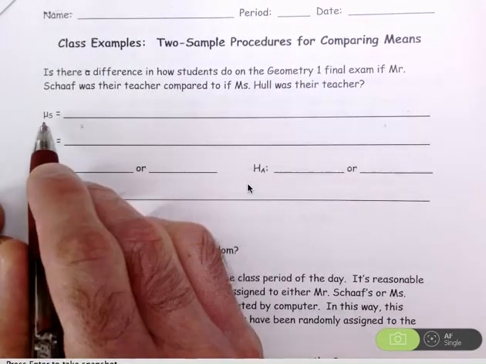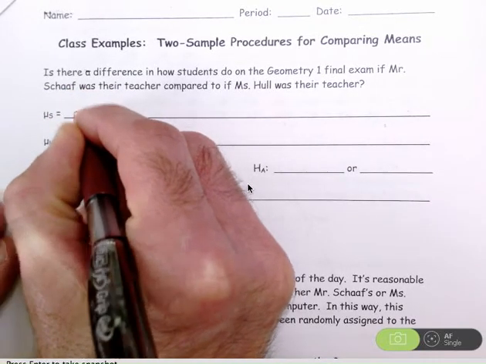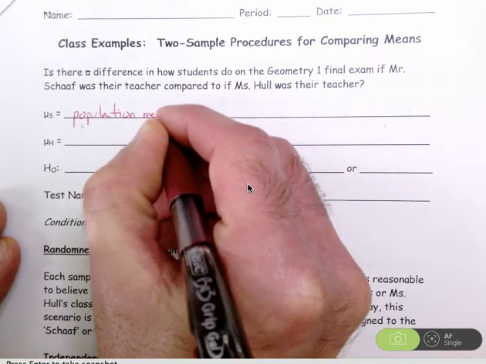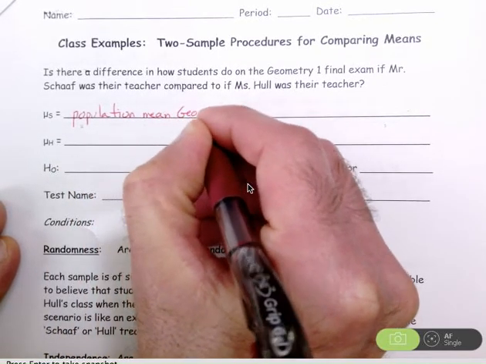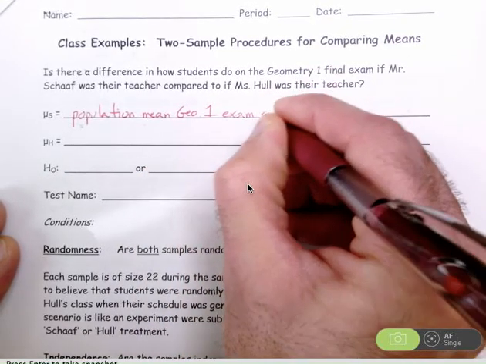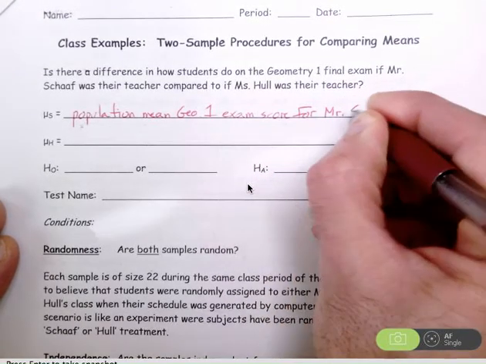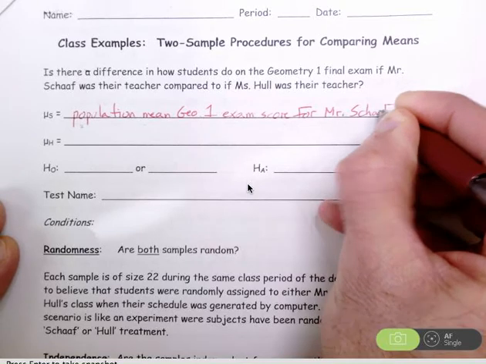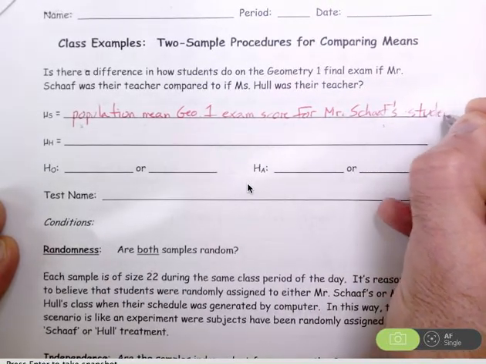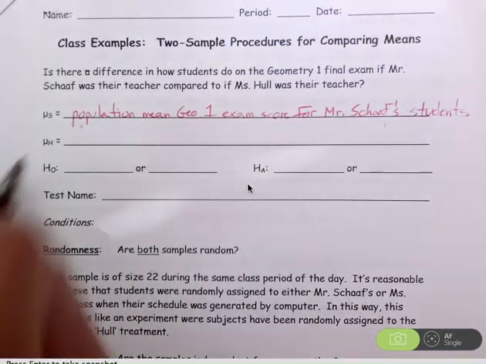So, mu sub s, this is the population mean Geometry 1 exam score for Mr. Schaff's students. Then similarly, we have mu sub h.